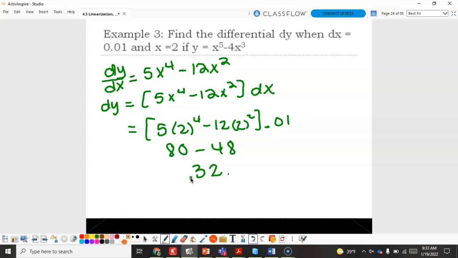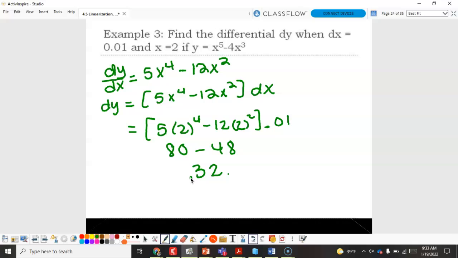How would I make this value equal 0.01? You add 2 to the other side. So the x value is 2, so that's what I am approximating. That's my linearization. The L of x would be like L of 2.01.